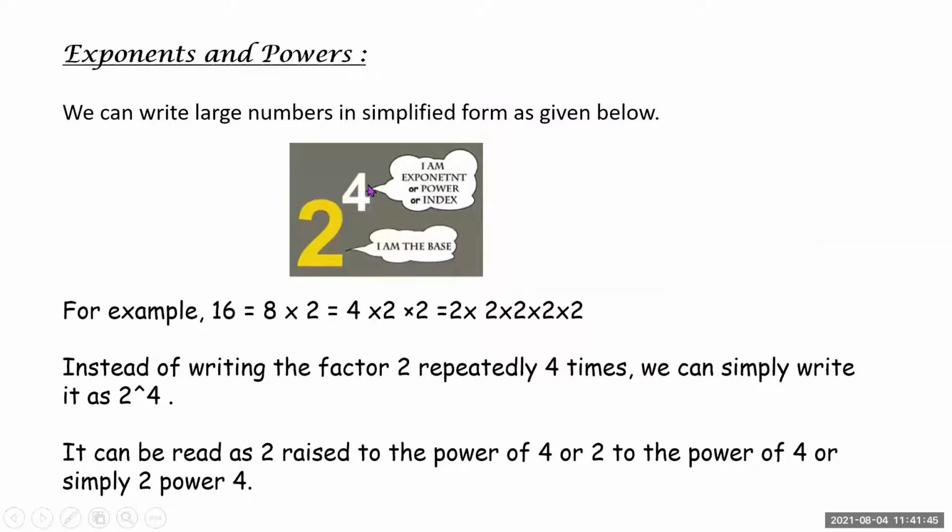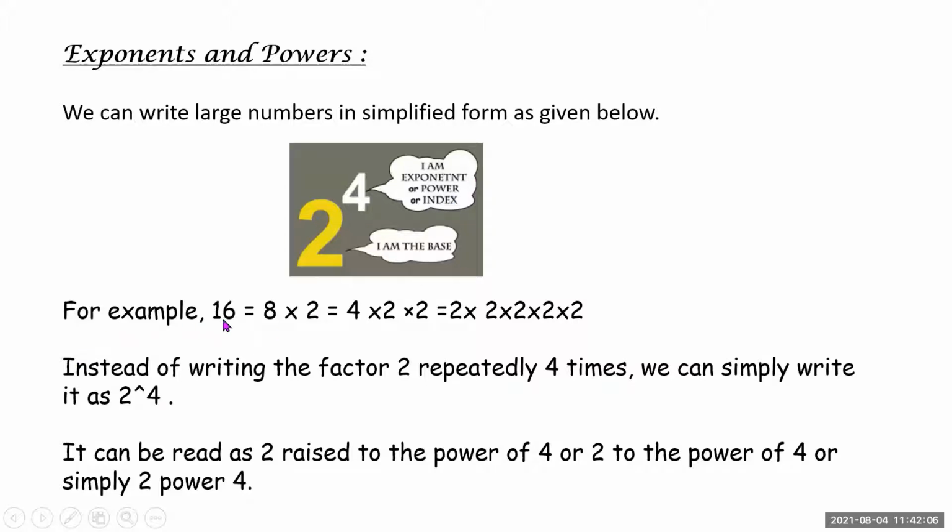Exponents and powers. We can write large numbers in simplified form as given below. 2 to the power of 4. Here 2 is the base and 4 is the exponent or power or index.